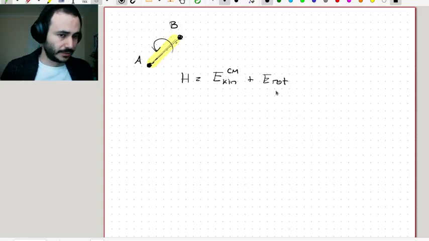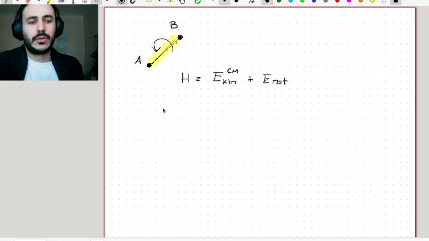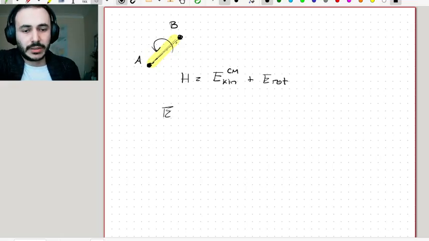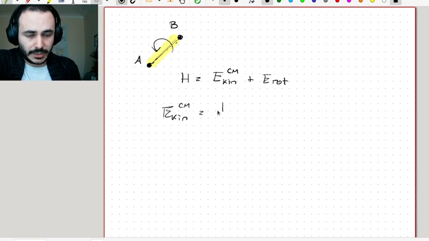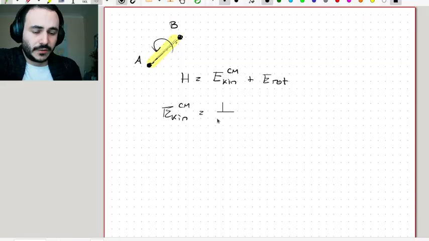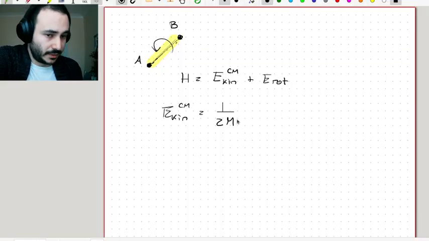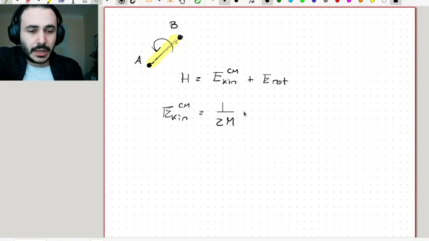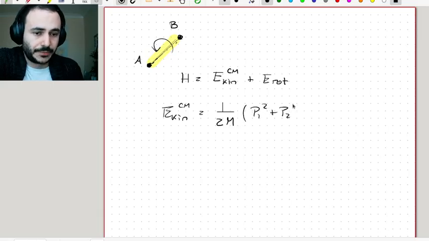The center of mass part is going to be the kinetic energy of a fictitious particle that carries all the mass of the system, the total mass m here, and yes, it's in 3 dimensions. So this would be p1 squared plus p2 squared plus p3 squared.